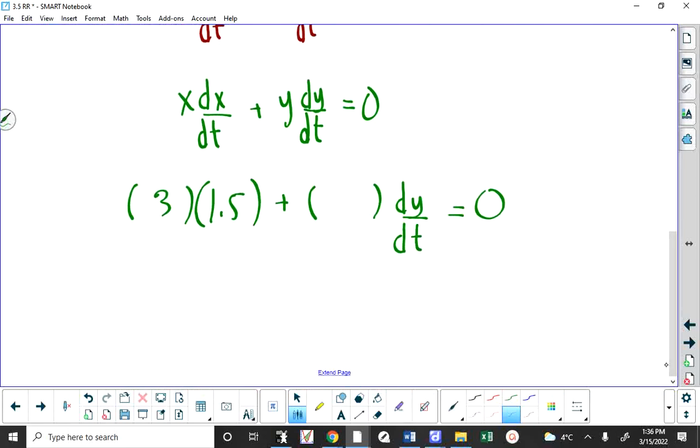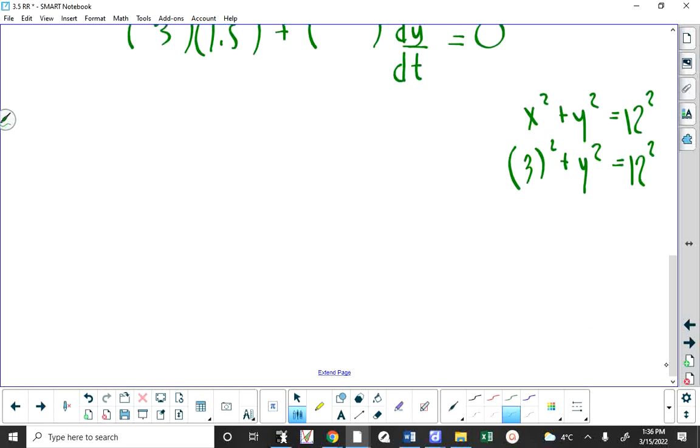So my side calculation would be x squared plus y squared equals 12 squared, which means 3 squared plus y squared equals 12 squared. Y squared equals 135, which means that's 12 squared minus 3 squared.